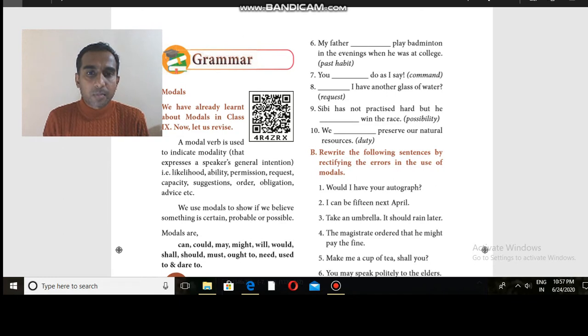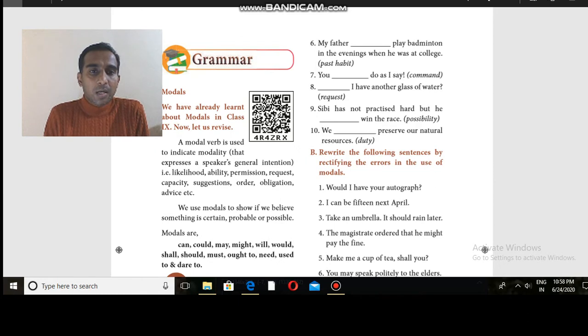Now, how do we use them in our sentences? We have already learned about modals in class 9. Now let us revise. A modal verb is used to indicate modality. Modality here means that it expresses a speaker's general intention. Whenever a speaker speaks, the intention is understood by the kind of words he uses.